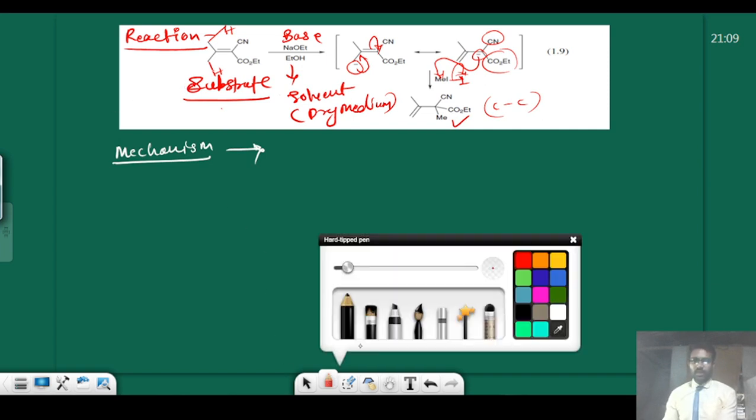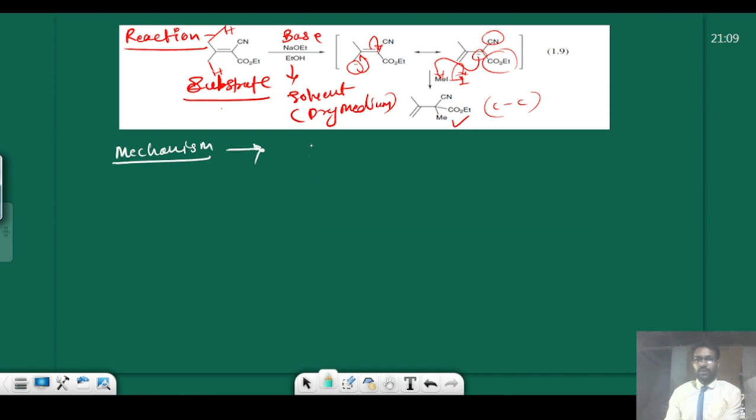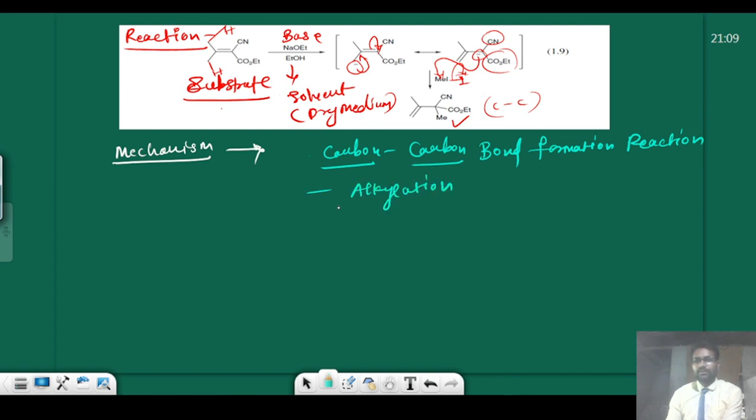In enolate chemistry, what are we learning? Carbon-carbon bond formation reactions. We are studying alkylation. So let us discuss the mechanism of this particular reaction.